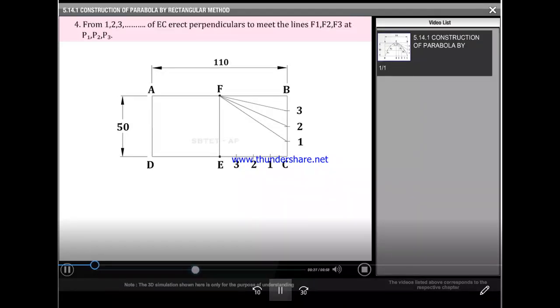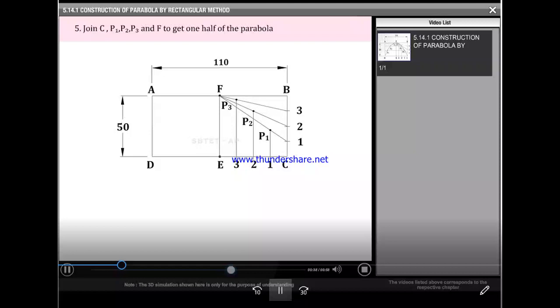From 1, 2, 3 of EC, erect perpendiculars to meet the lines F1, F2, F3 at P1, P2, P3. Join C, P1, P2, P3 and F to get one half of the parabola. Get the mirror image and complete.